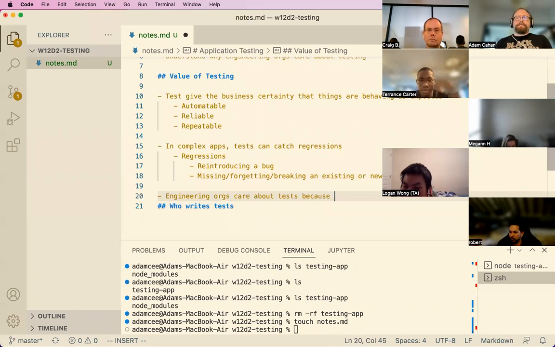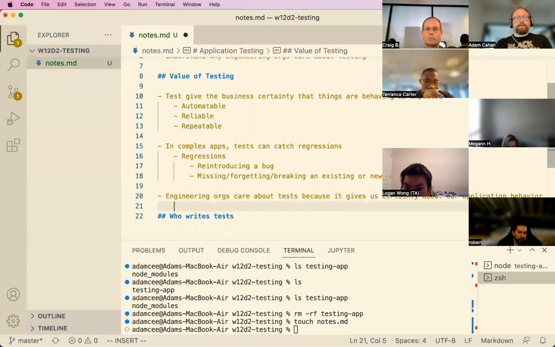It gives us certainty about our application behavior. And this lets us make commitments to the business with less pain, essentially.